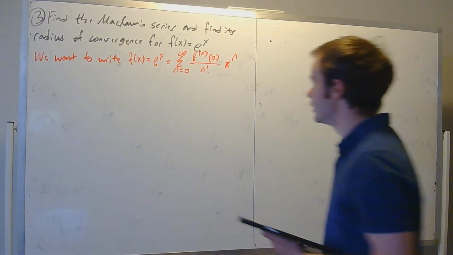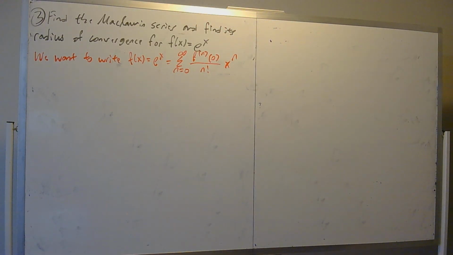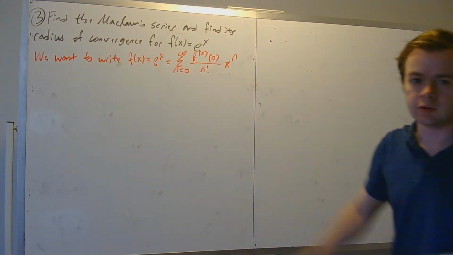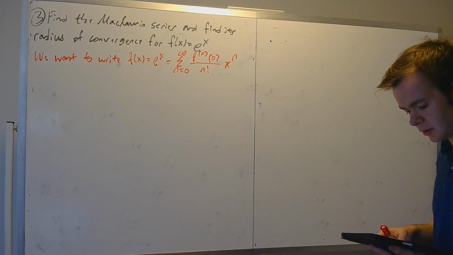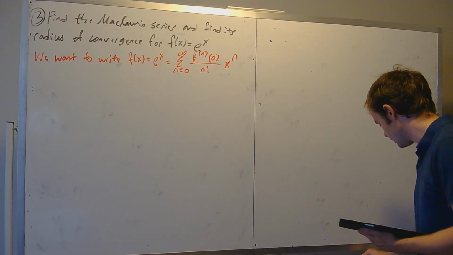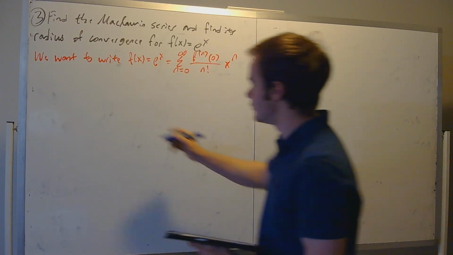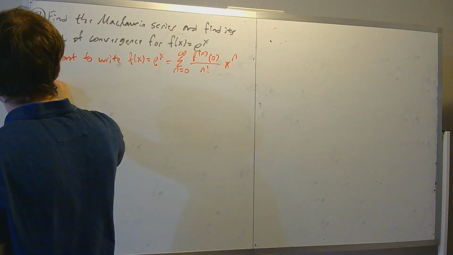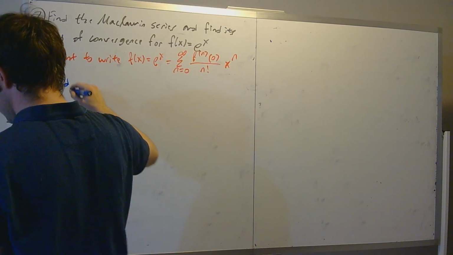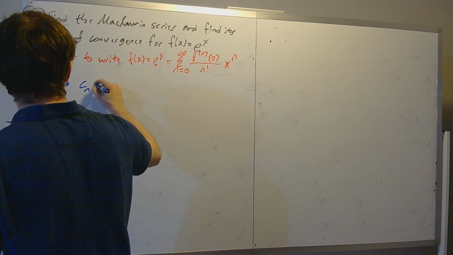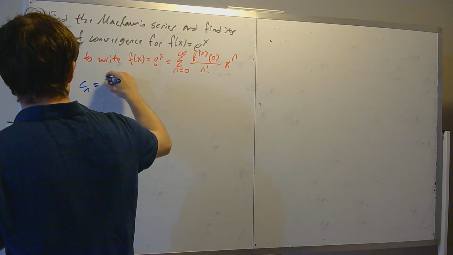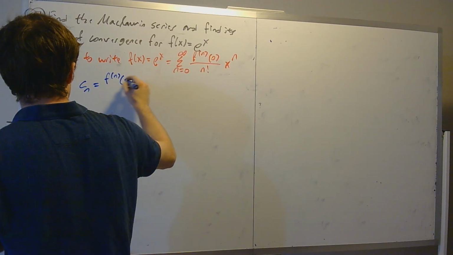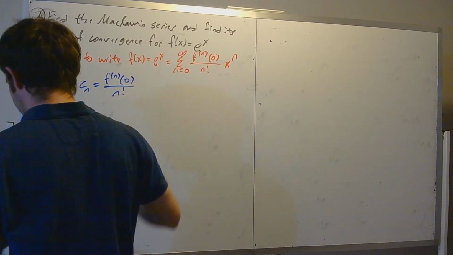Right, so again, whenever we're trying to find a Maclaurin series, this is the formula we need. And remember, for this, we need to figure out the derivative, and we need to figure out the pattern. So I'll write down here to find Cn, which is the nth derivative of f at 0 over n factorial.